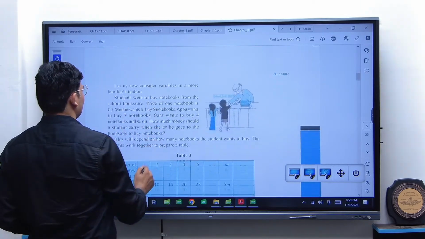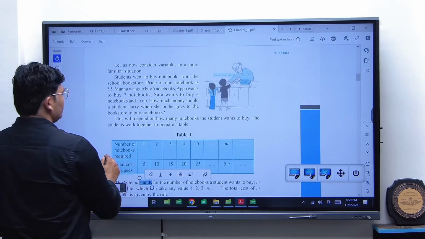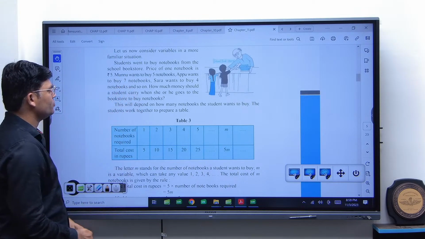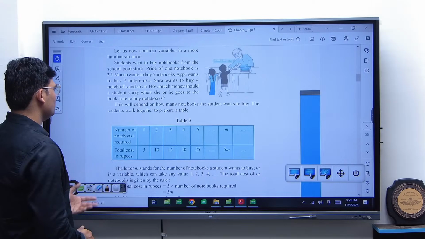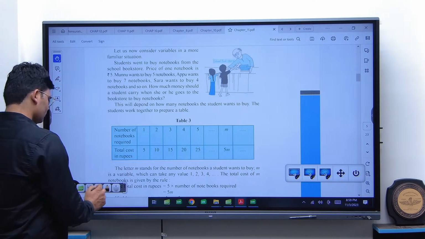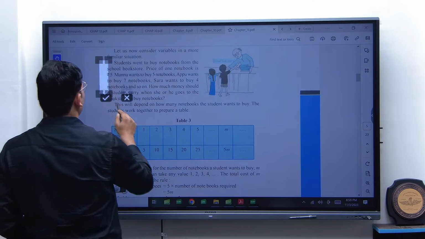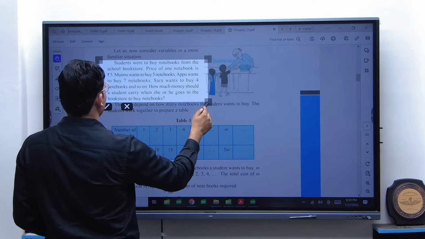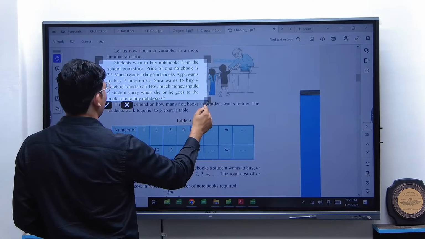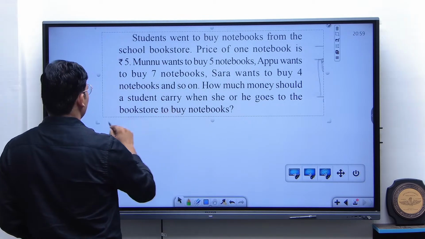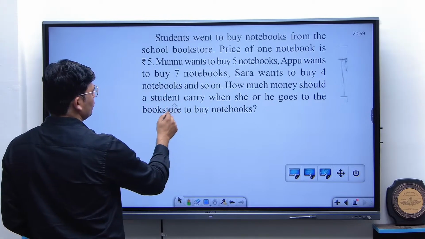Well done, beta. Shabash. So now let us consider the variables in more familiar situations. Students went to buy notebooks from the school bookstore. Price of one notebook is ₹5. Munnu wants to buy 5 notebooks. Appu wants to buy 7 notebooks. Sarah wants to buy 4 notebooks, and so on.